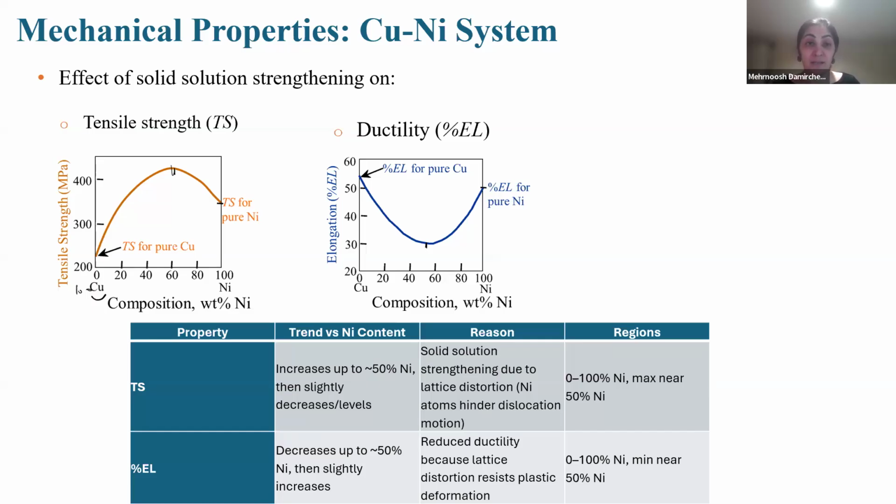Beyond 50% nickel, we see that the TS slightly decreases or levels off towards pure nickel, and elongation slightly increases, but remains lower than pure copper. And TS is again higher compared to pure copper. In short, strengthening from nickel comes at the cost of ductility, and the effect is most pronounced at intermediate compositions. And here you see the table about the TS and elongation percent and what happens.